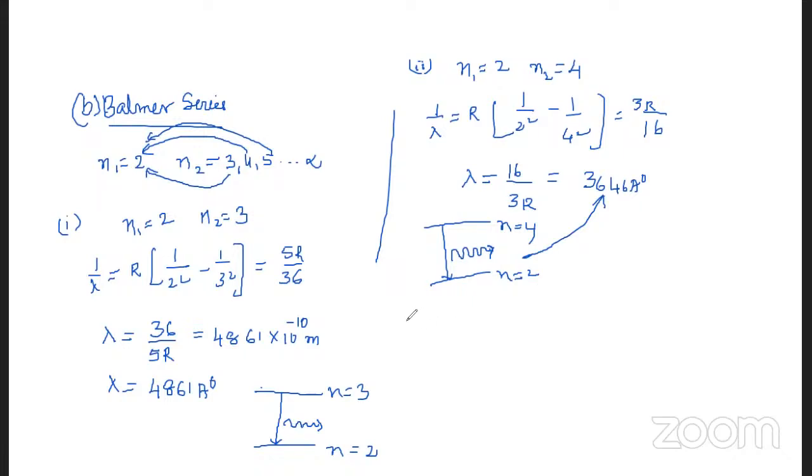Like this, we can calculate different energy levels whenever it is jumping from n equals 5 to 2, or 6 to 2, or 7 to 2. Finally, if you take the limiting case, N1 should be 2 and N2 should be infinite.